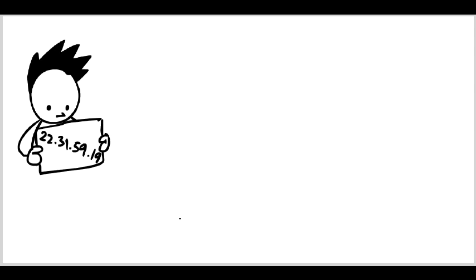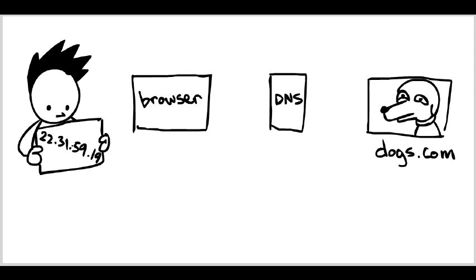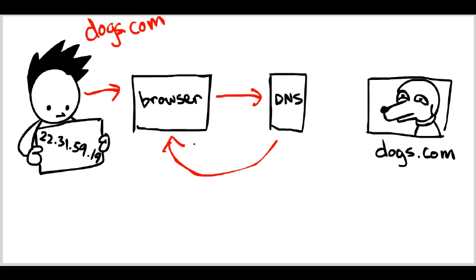So you have this IP address, but that's only after certain things happen. You first make a request to the browser to go to something like dogs.com. The browser then relays that to the DNS server, and then a whole bunch of things happen, and then the DNS server grabs the IP address of dogs.com, returns that to the browser, allowing the browser to then navigate to dogs.com.